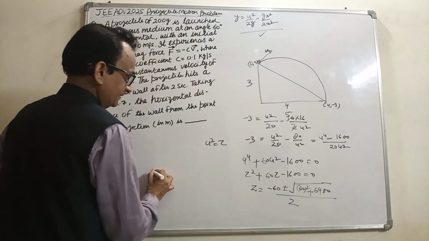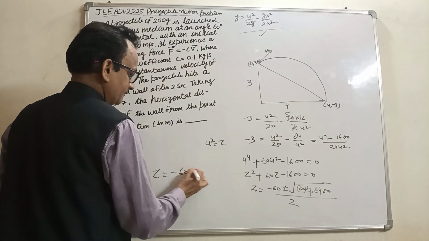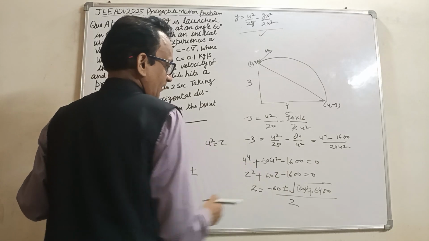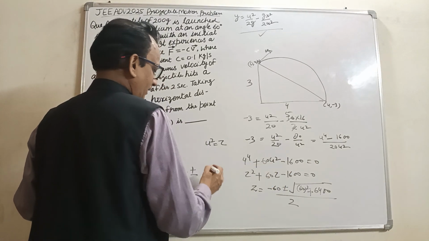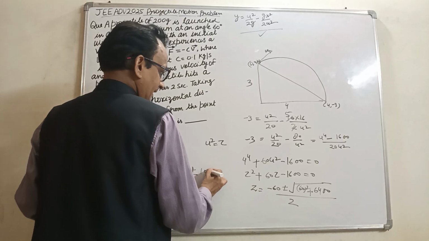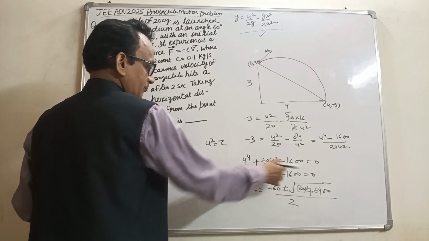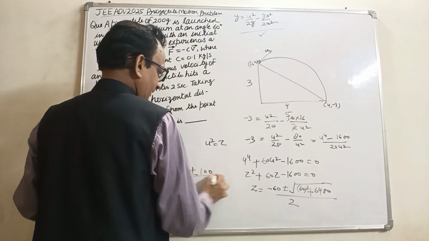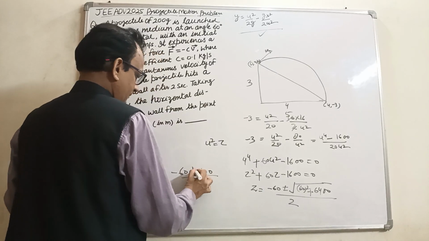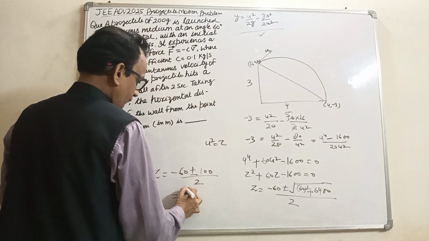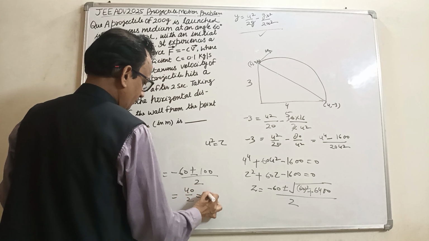So z becomes minus 60 plus minus root of 60 square 3600 and 6400, this becomes 100. Taking positive sign, so 40 upon 2, this becomes 20.